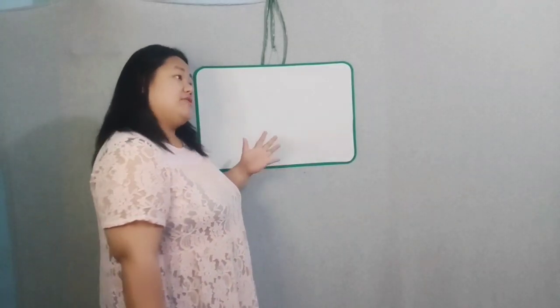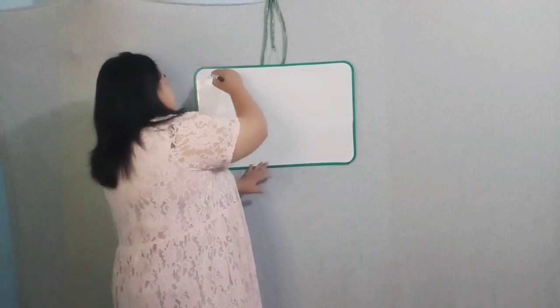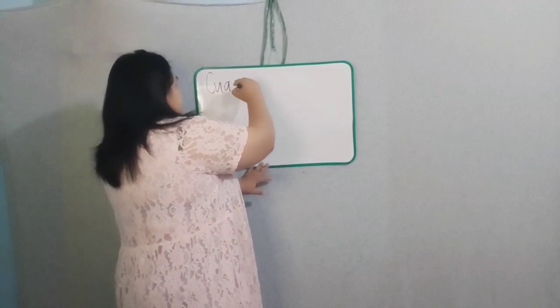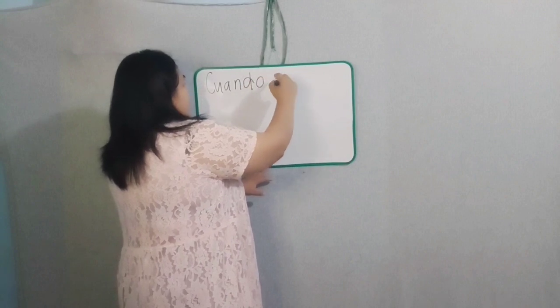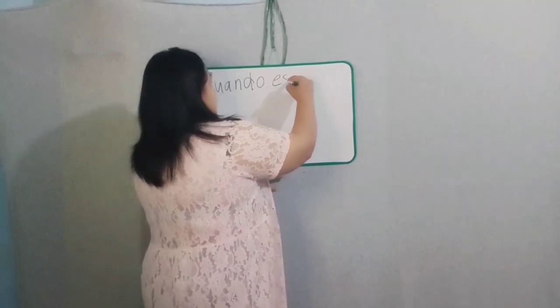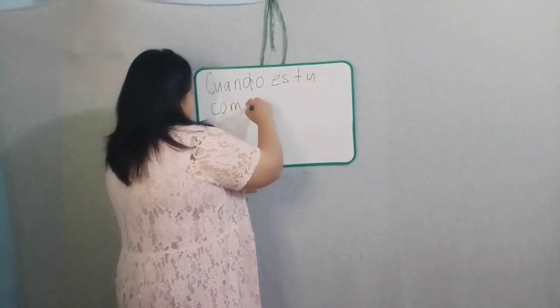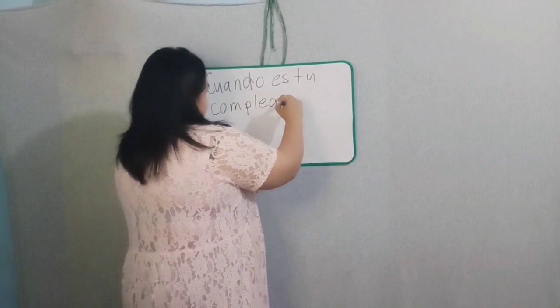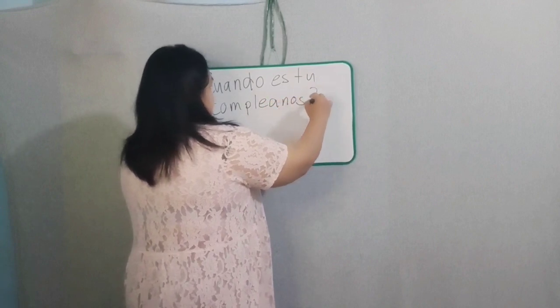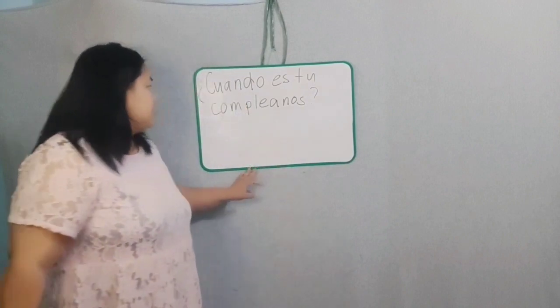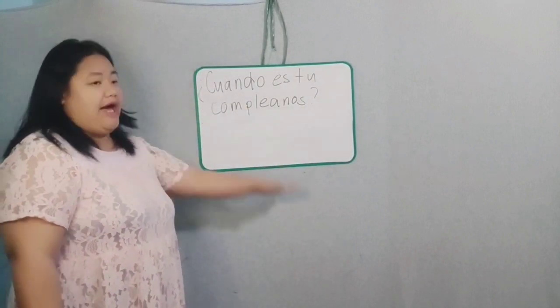I would like to discuss something that's related to date, which is birthday. So if you're starting a conversation with a friend and you want to ask, when is your birthday? So it's ¿cuándo es tu cumpleaños?